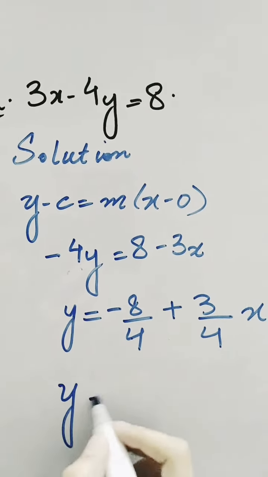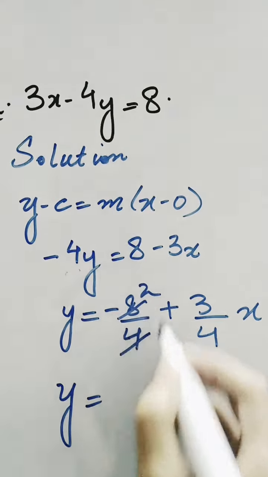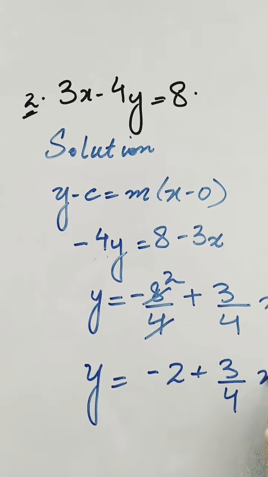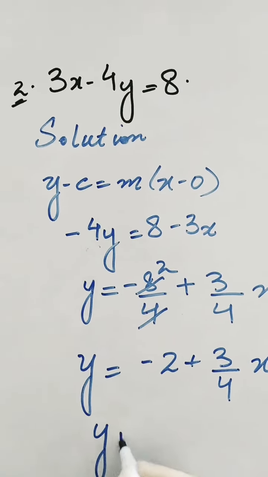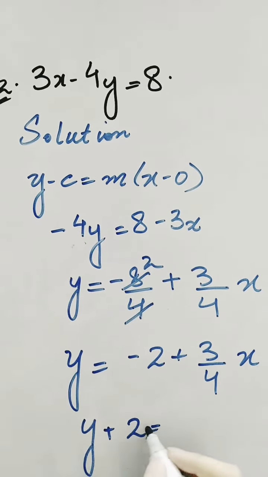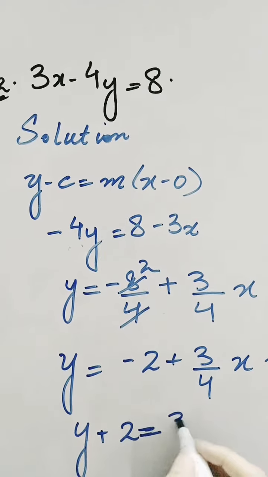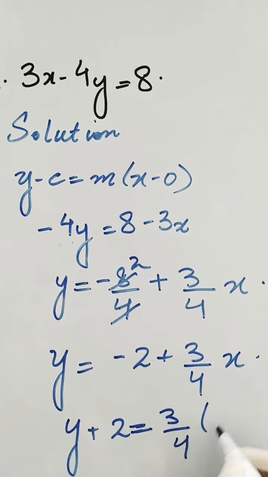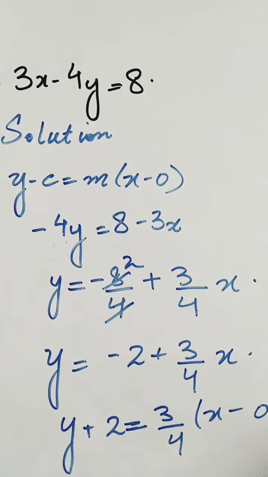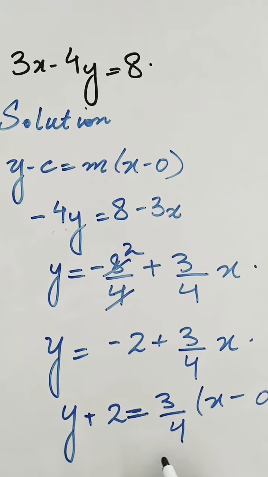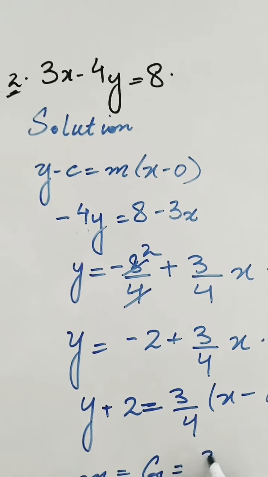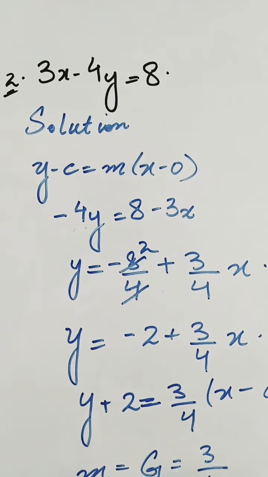Now we have y equals minus 2 plus 3 over 4 x, or y plus 2 equals 3 over 4 (x minus 0). Now we have m, or the gradient, equal to 3 over 4.